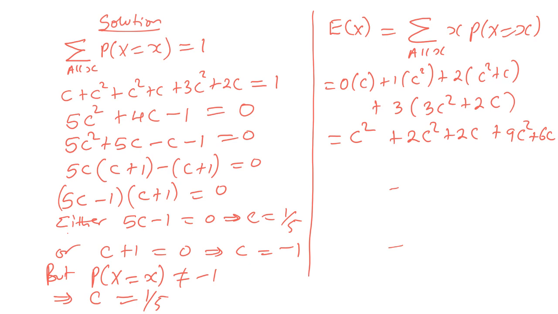You collect like terms: that's 12C squared plus the C's, 2 and 6, 8C. We know the value of C, it's just a matter of substituting in. The value of C is 1 out of 5. So if you substitute 1 out of 5, you'll have 12 times 1 out of 25 plus 8 times 1 out of 5.